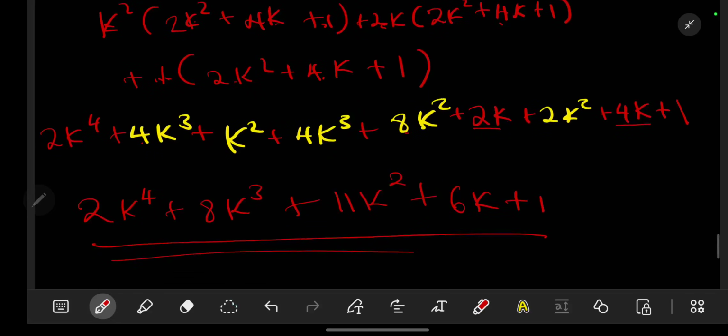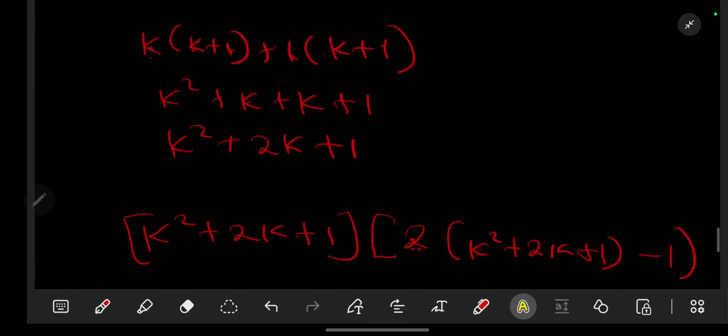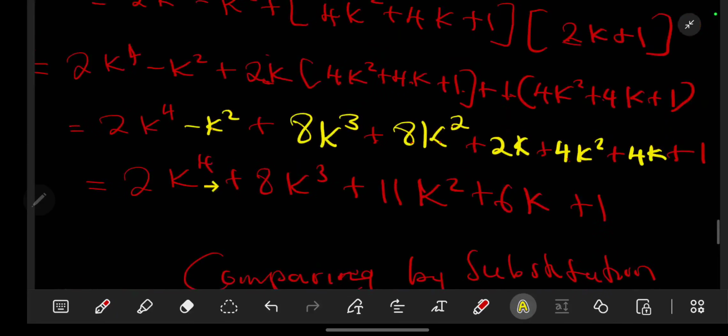So as you can see, this number is exactly the same as this number.